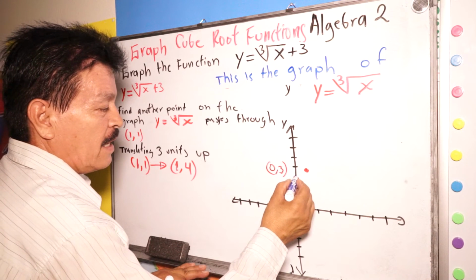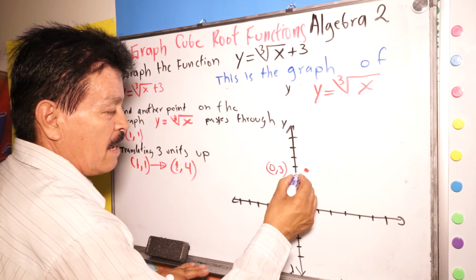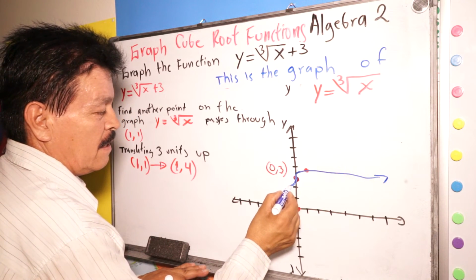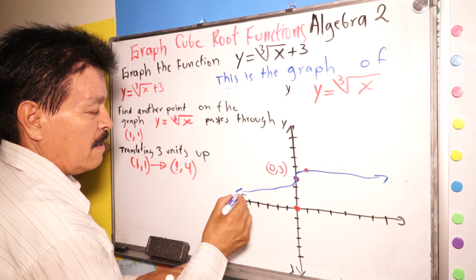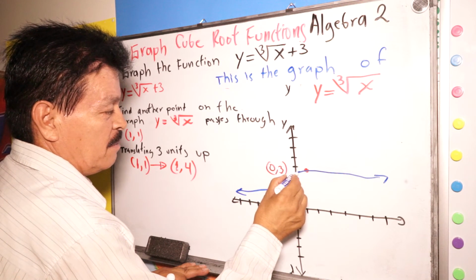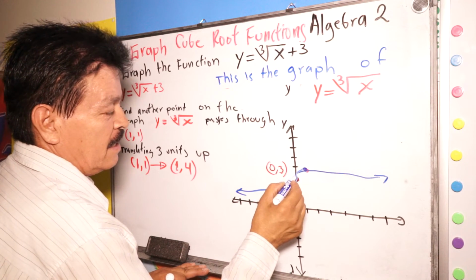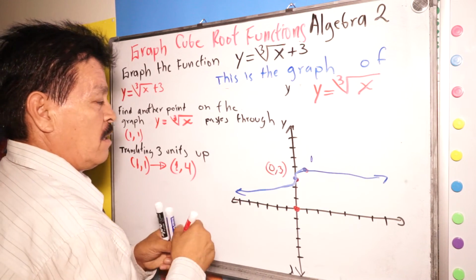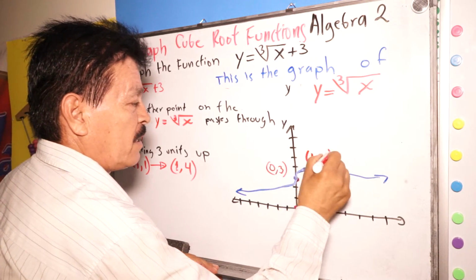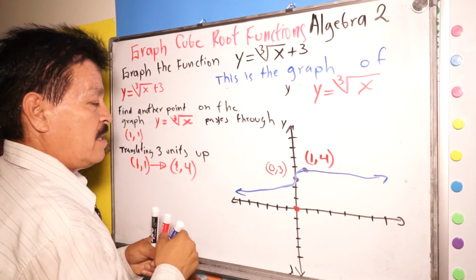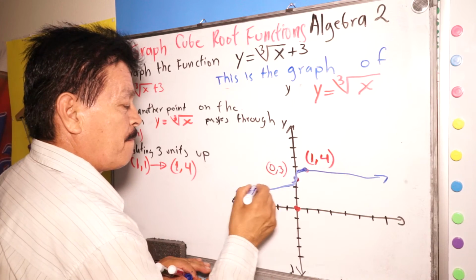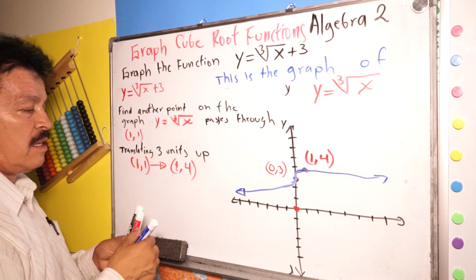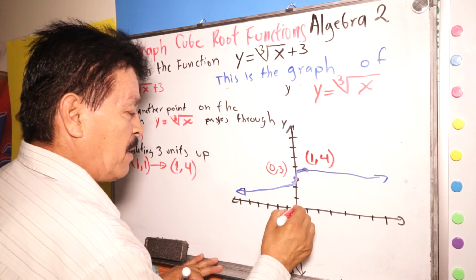Remember, we moved it in this way. Remember, it's symmetric. We have this point 1, 4 right here. This is the new graph. Remember the old graph moved through these points.